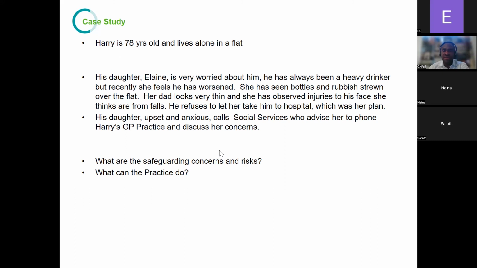Good analysis. Sarah? Sarah, can you hear? Okay. What do you think might be the safeguarding concerns for Harry? From this scenario, look at the case study.